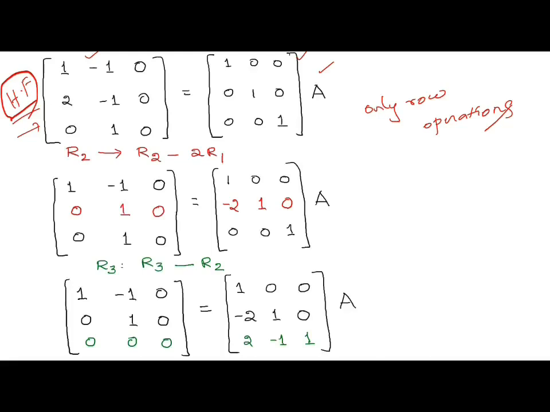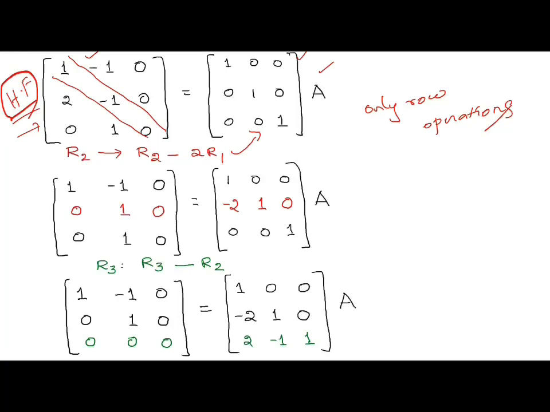The process is similar to the echelon form, except with some other conditions. First, as we discussed in the echelon form, we have to make it an upper triangular matrix, so this element has to be 0.